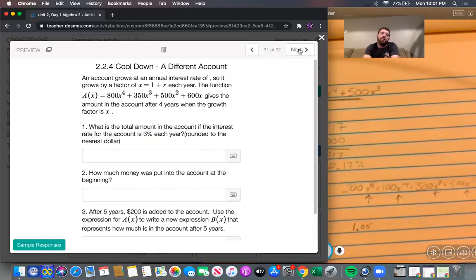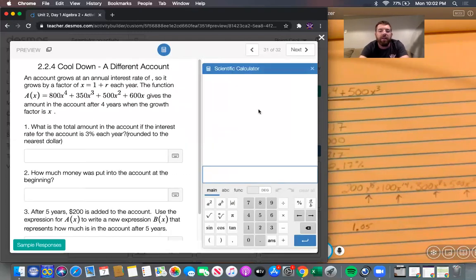Here's our cool down. All right, what is the total amount in the account? The interest rate was 3% each year, round to the nearest dollar. So let's go ahead and get our calculator out. We've got 800. We're inputting that 1.03 in because that is our interest rate.